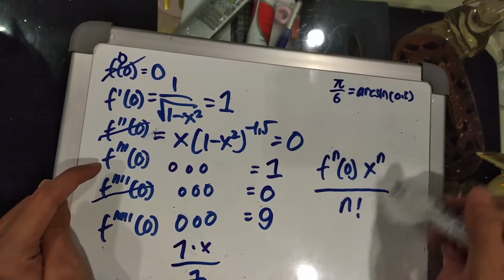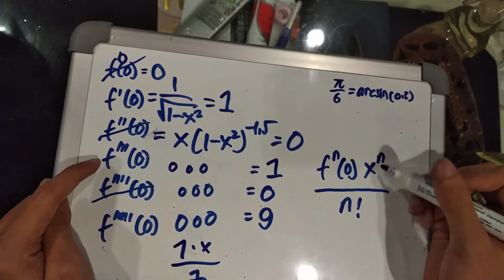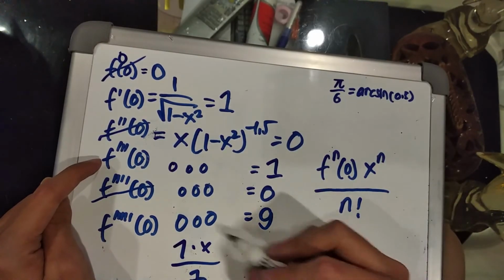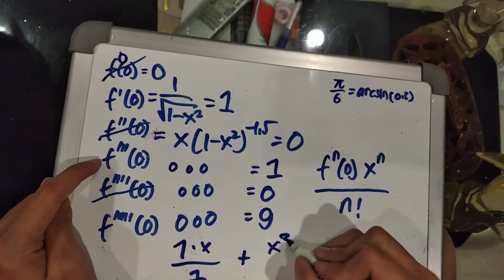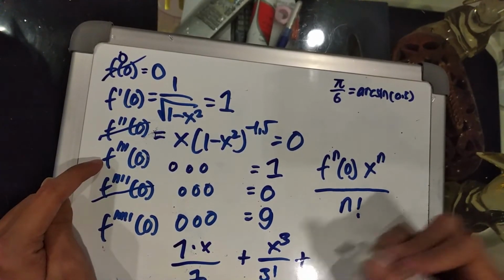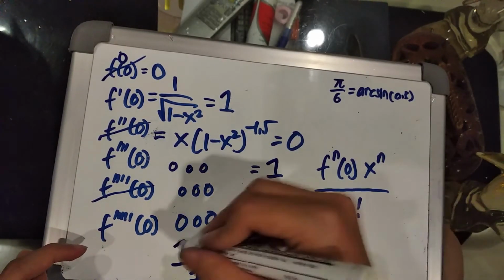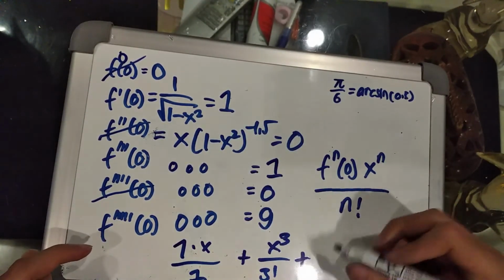We go to the third term, we have the triple derivative of 0, that's 1, and that will be x to the third power following the degree of the derivative. And similarly at the bottom we have 3 factorial. And next we have the fifth derivative, which we get to be 9.